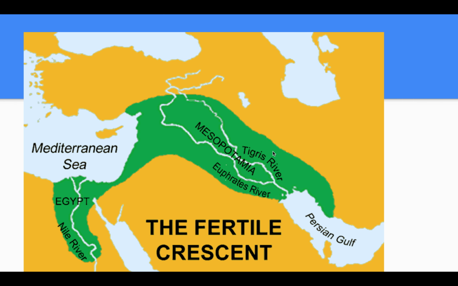Now, if you look, this green region is what's known as the Fertile Crescent. It contains Mesopotamia, and it also contains ancient Egypt, and we'll look at ancient Egypt in a couple weeks. But altogether, it makes this crescent shape, this half-moon shape. And our question today was, what makes the Fertile Crescent fertile?